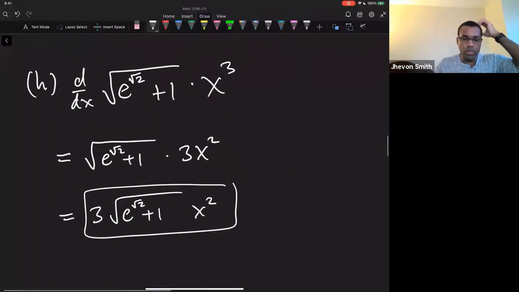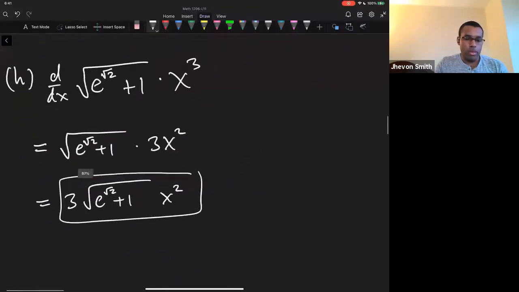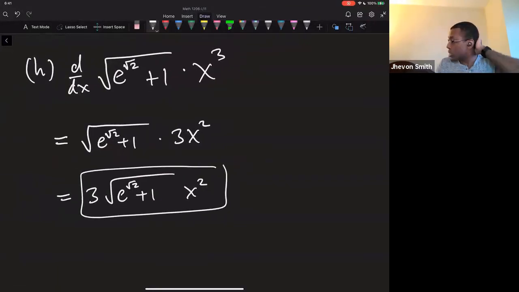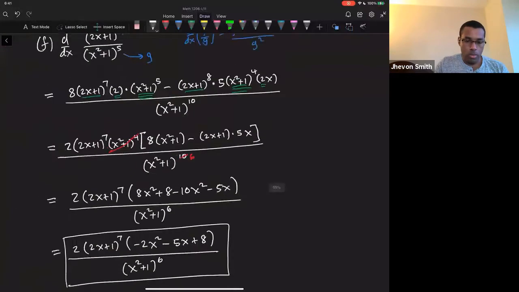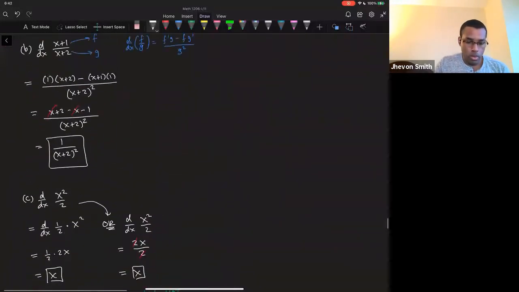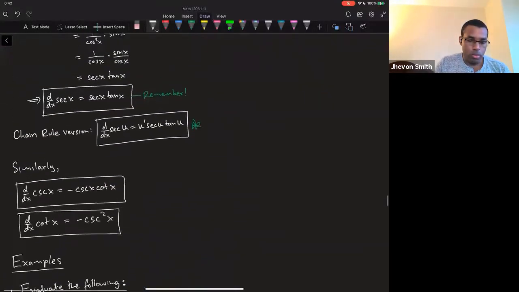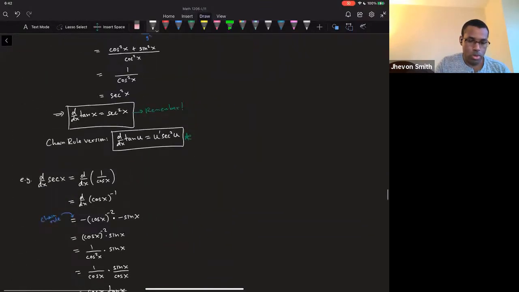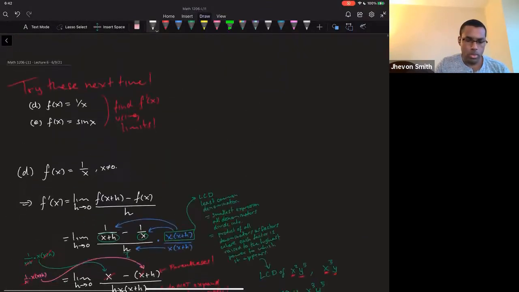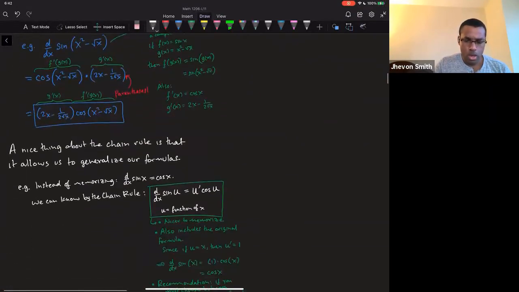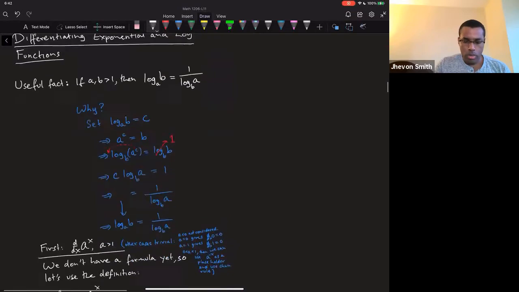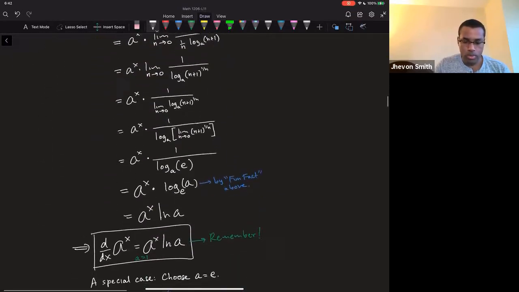So watch out for the rules. The rules will tell you what to do, and the rules are very dependent on the type of thing that you're looking at. So we had the chain rule, but notice that we had the exponential rule.